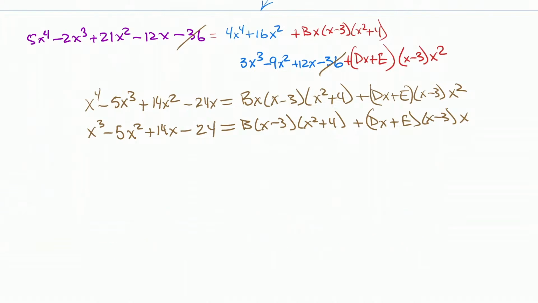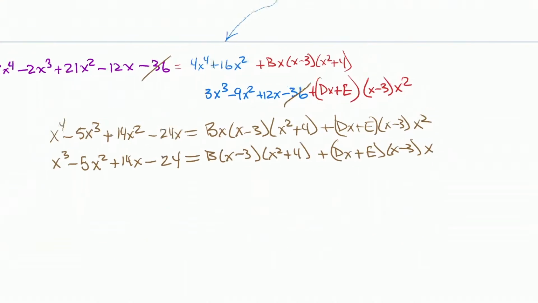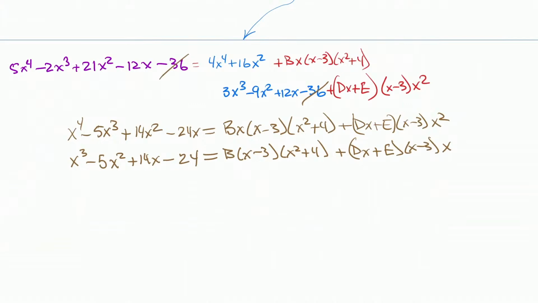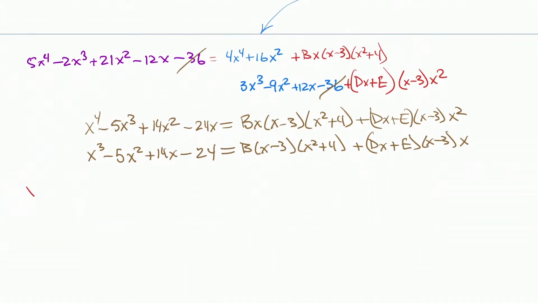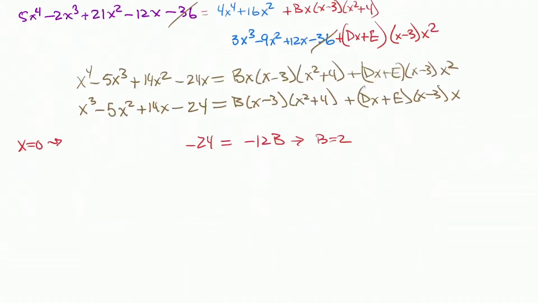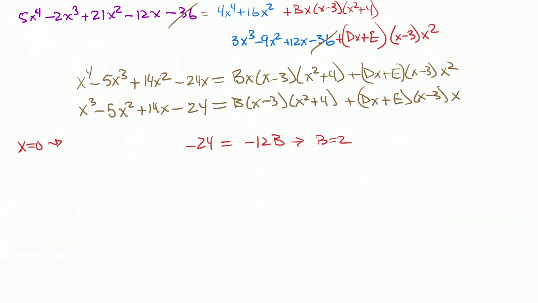Okay, sorry, I've got to erase this down here. How much time? 2 minutes. Okay, I'm not going to be able to get the whole thing, but check it out. At this stage, we can use our little trick again, and that is to say that if I let x equal 0 now, then I get negative 24 is equal to negative 12b, because this will be 0 over here, and that gives me b equals 2. So yet another simplification that I can do.